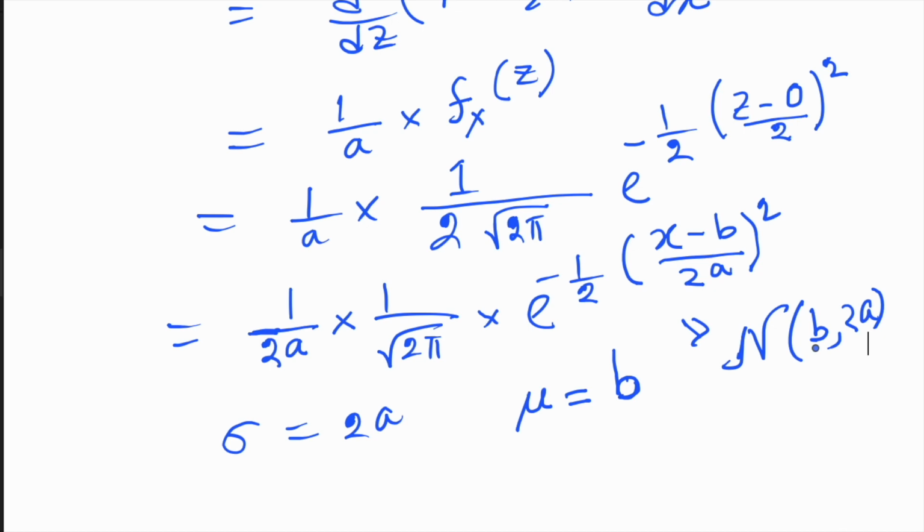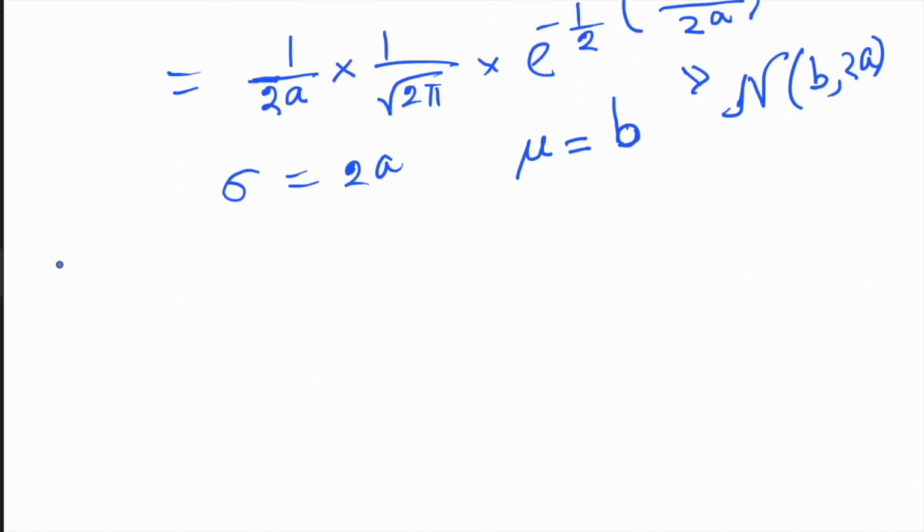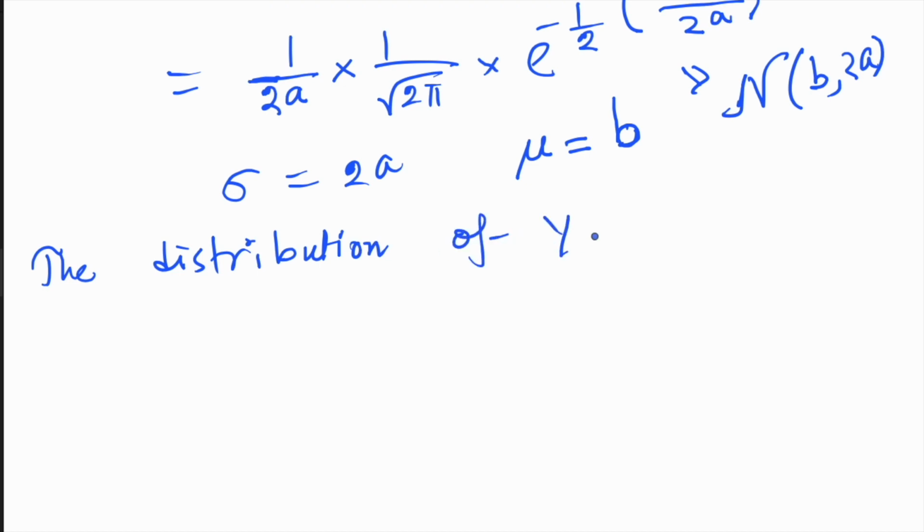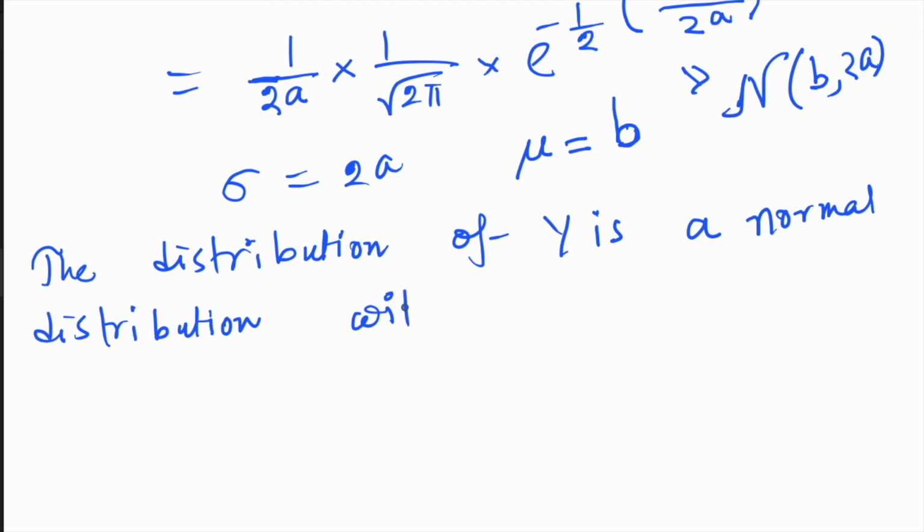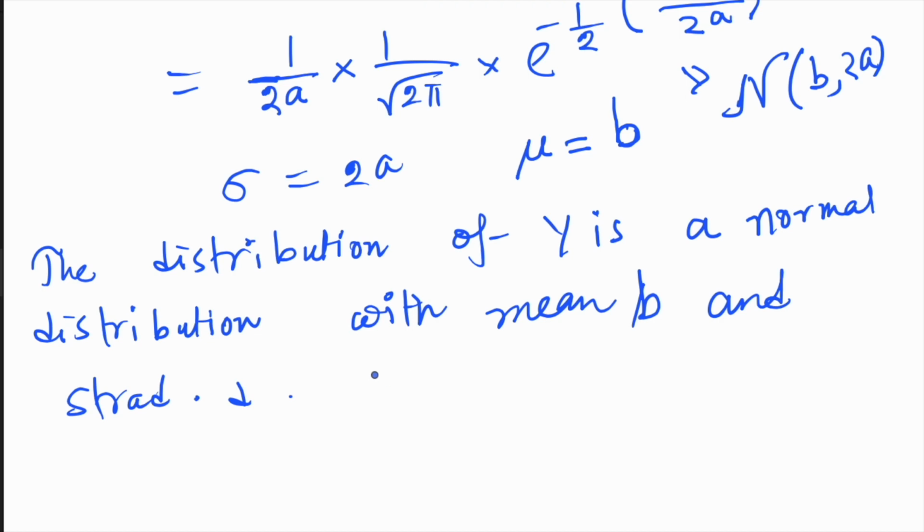So the right answer will be: the distribution of y is a normal distribution with mean b and standard deviation 2a. So that is the answer.